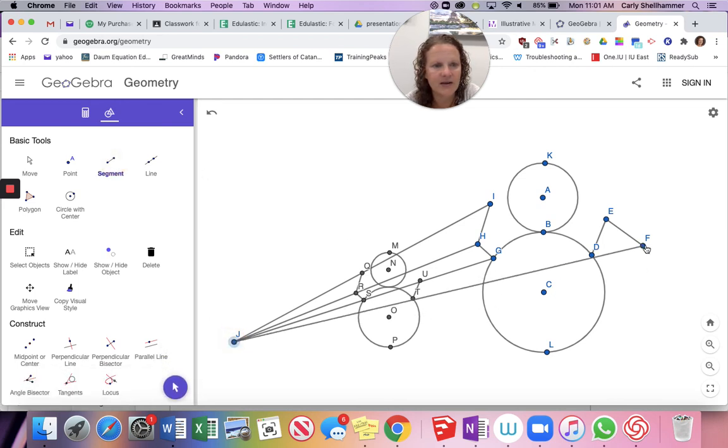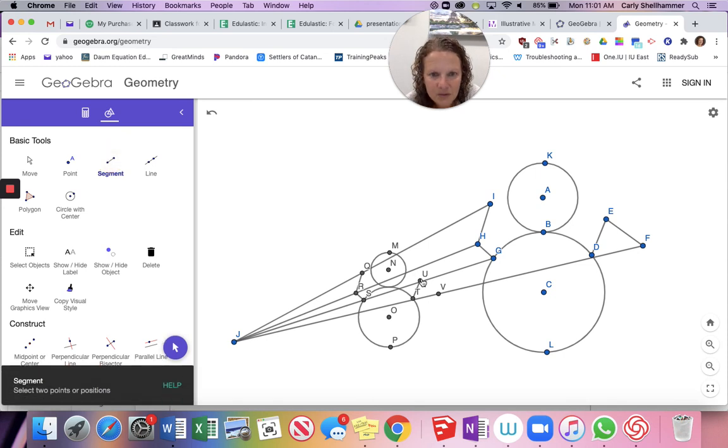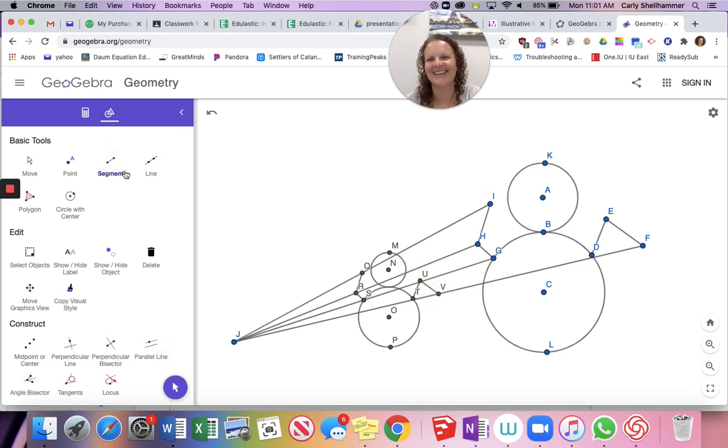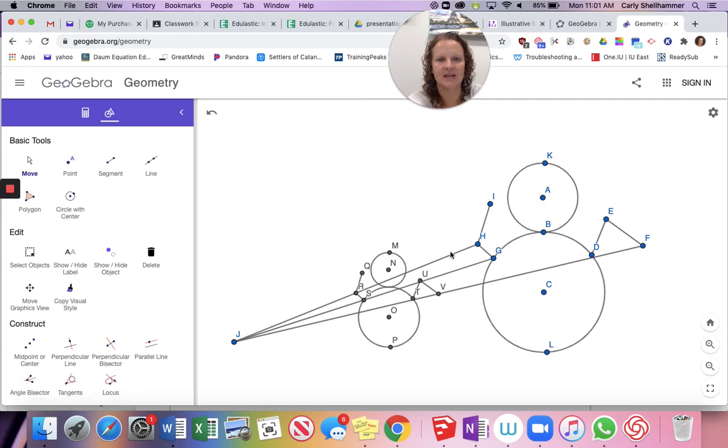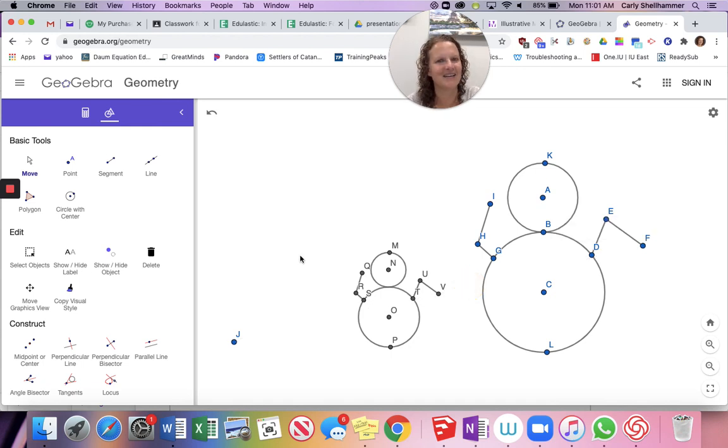Now I need to do F. Midpoint from J to F. And it'll give me the arm segment from U to V. It's going to be so cool. We did it. All right, we shrunk it by half. Okay, cool. I'm going to stop here and go back to the curriculum.